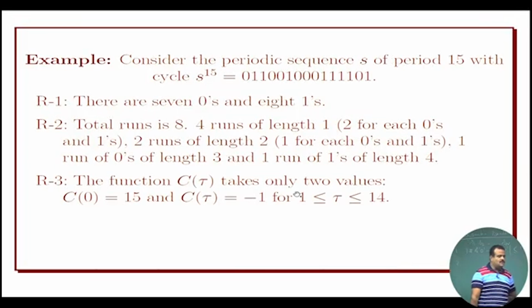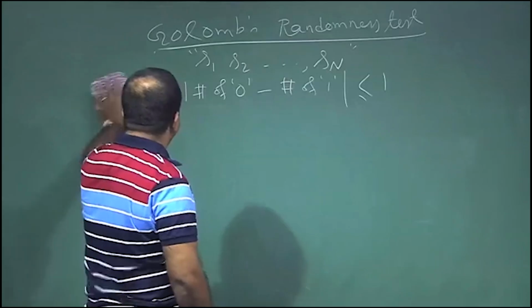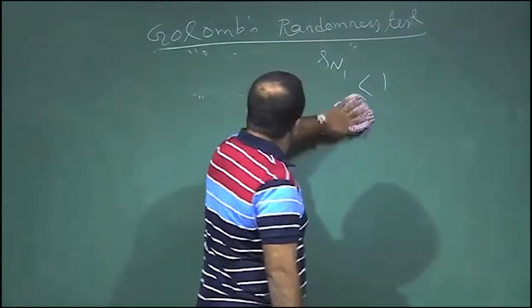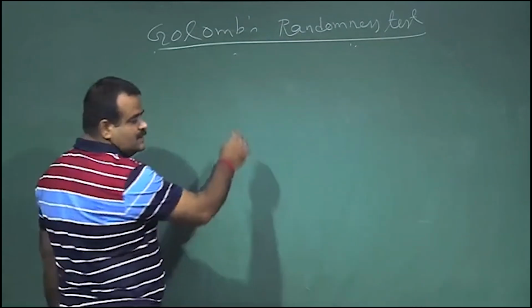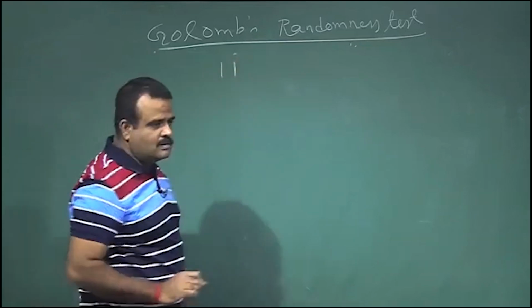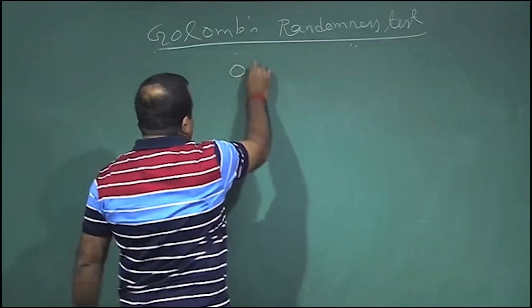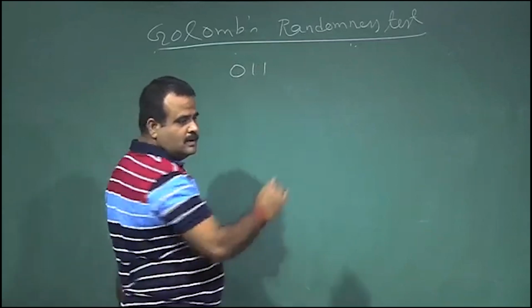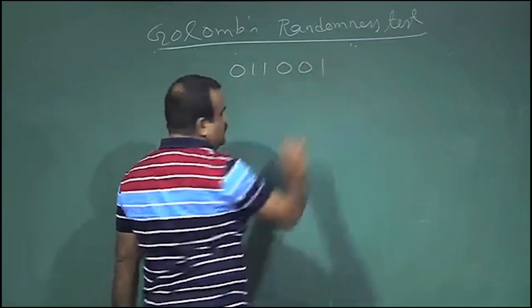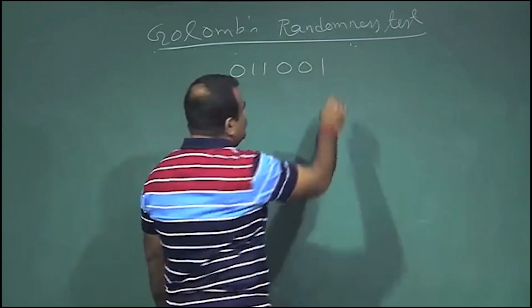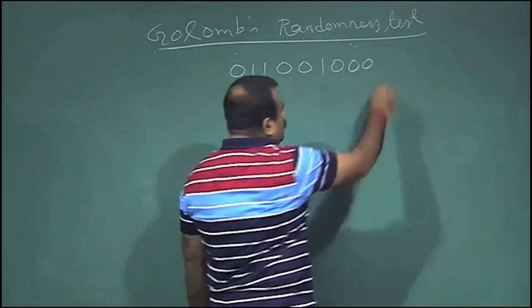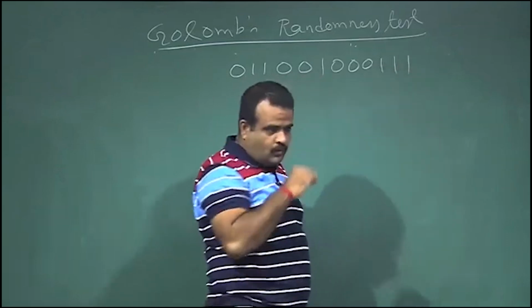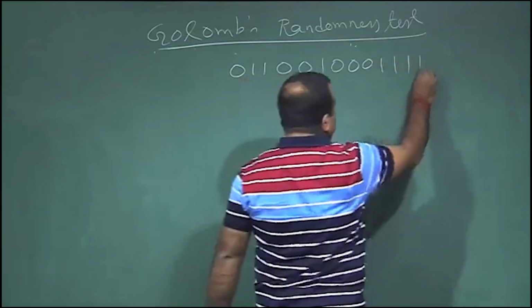Okay. So, now let us take an example. Suppose we consider a sequence like this. Suppose our sequence is 0 1 1 0 0 1 0 0 0 1 1 1 1 0.